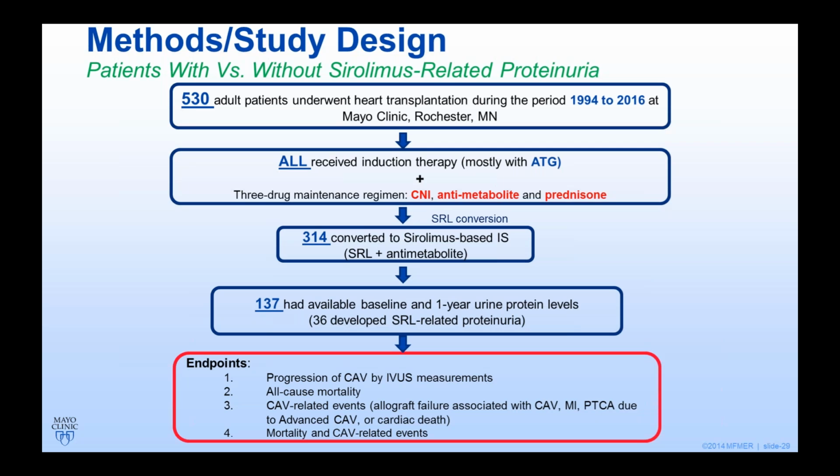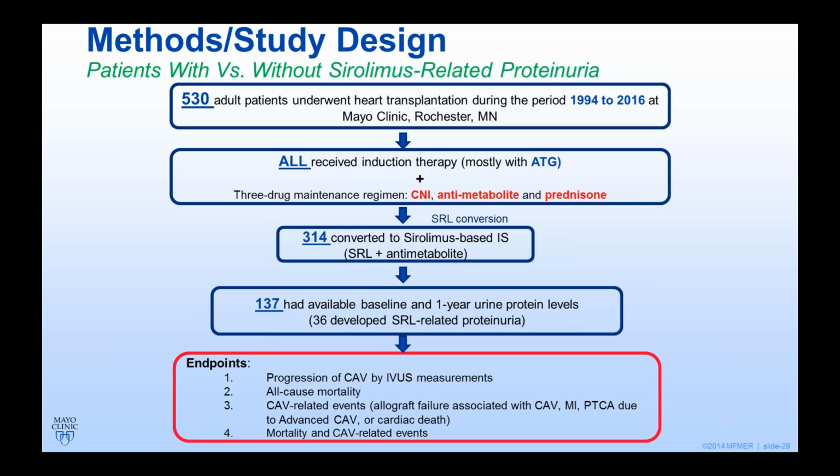All received induction therapy, mostly with ATG, and then they were maintained on a 3-drug regimen of the calcineurin inhibitor, early cyclosporin, now tacrolimus, an antimetabolite, azathioprine or Cellcept, and prednisone. 314 were converted to sirolimus-based immunosuppression, that is sirolimus plus one of the antimetabolites and plus or minus some prednisone.